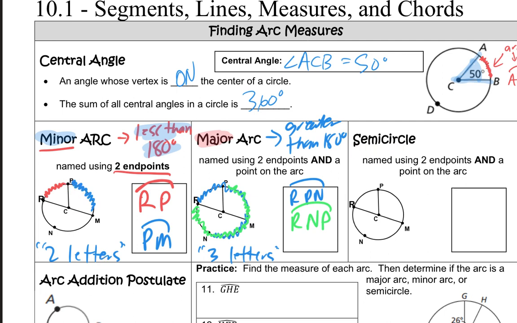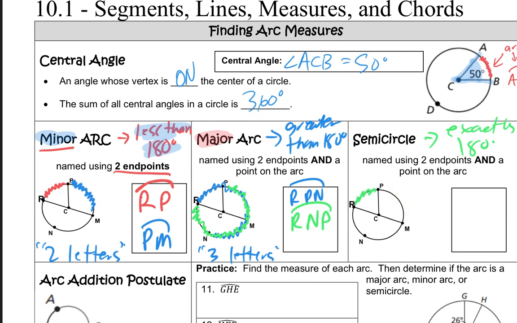Now a semicircle is exactly 180 degrees. So a semicircle goes through the center because it's created by a diameter. So it uses 2 endpoints and a point on the arc. So RPM, right?